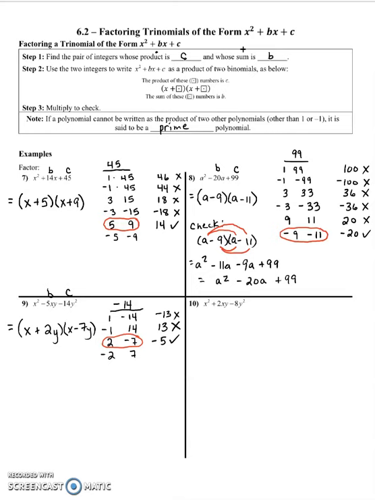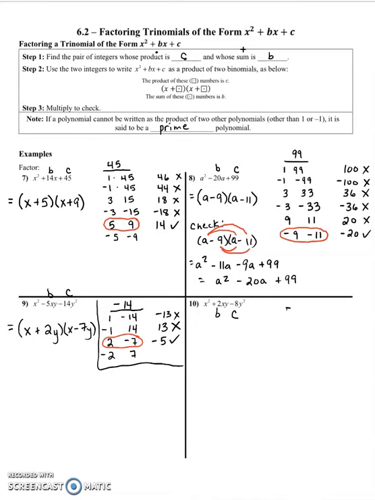Okay. If you want, you can try number 10 on your own, or we can work it together. So for this one, let's see. Our b is a positive 2 and our c is a negative 8.